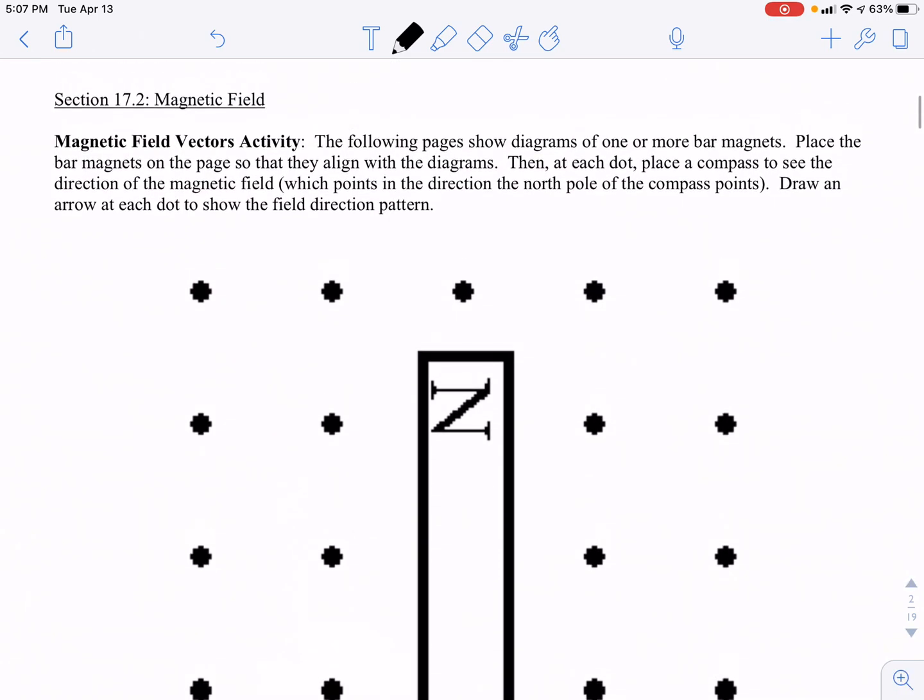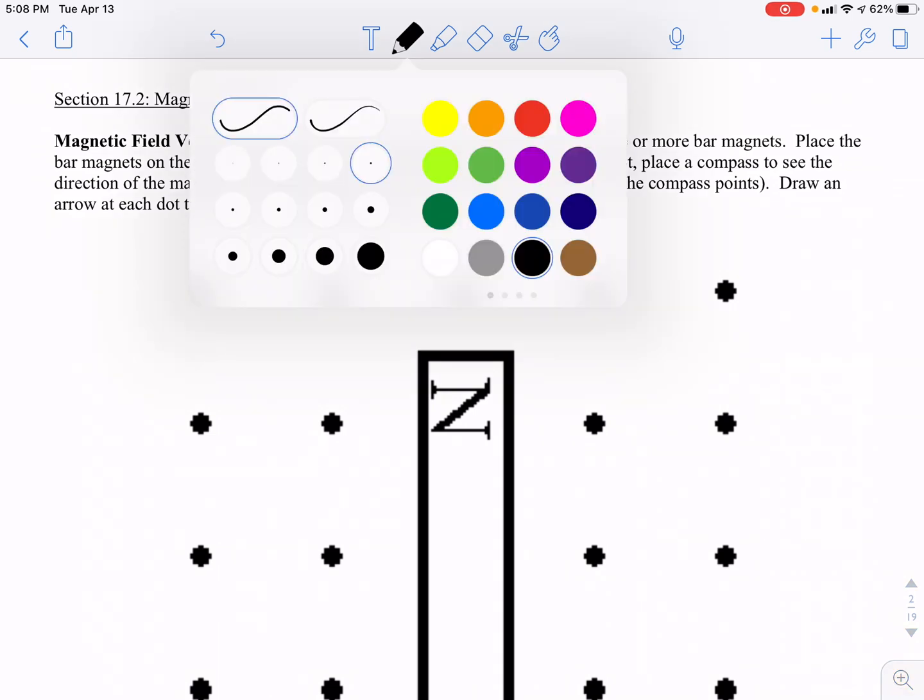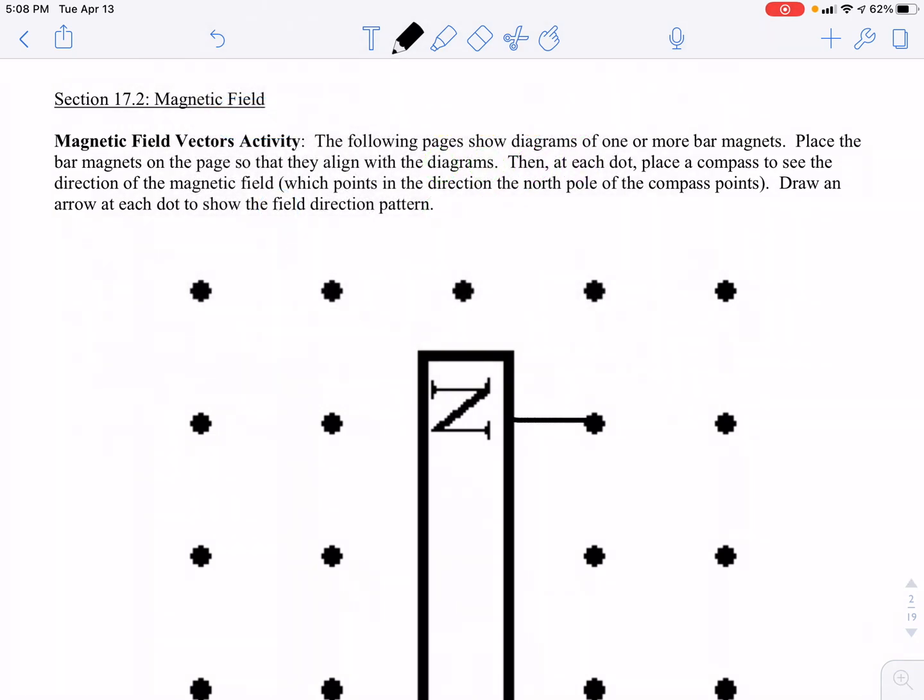Now, the general rule of thumb is that magnetic fields are always drawn away from north poles and into south poles. So everywhere there's a dot, we're going to draw an arrow away from the North Pole. So we can draw arrows that kind of look like this.